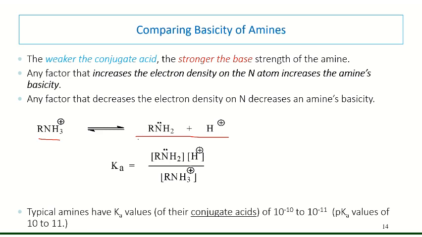If your base is weak, then this is a really powerful acid. Why? Because weak base means stable conjugate base compared to strong acid.